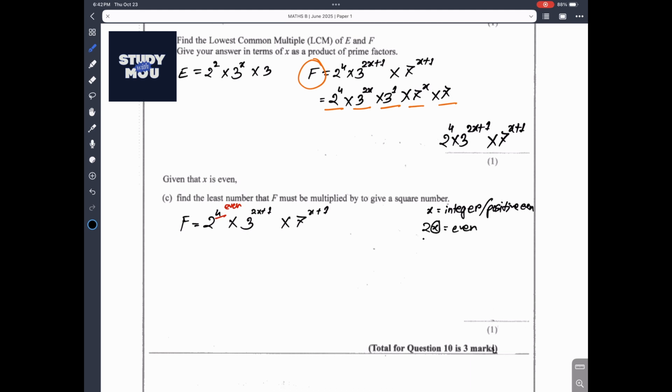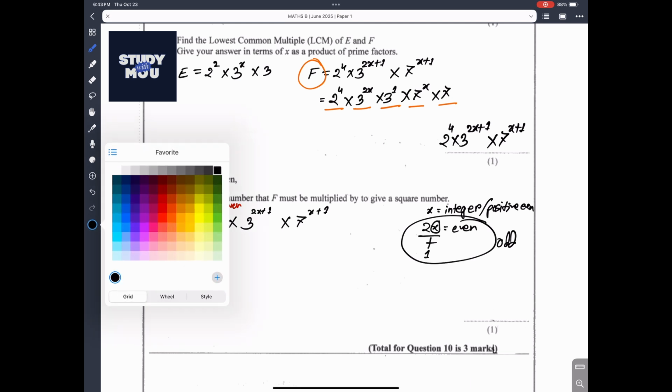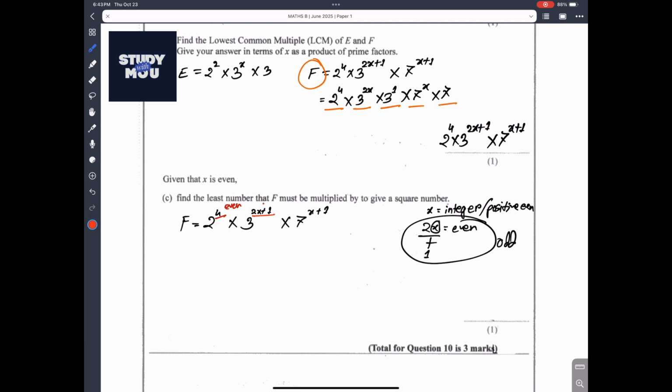When you multiply x with 2, it will give you an even result. But when we add 1 to it, the whole thing becomes odd. So this power is odd. Again, if x is an even number, when we add 1 to it, this whole thing becomes odd. We need to make it even.